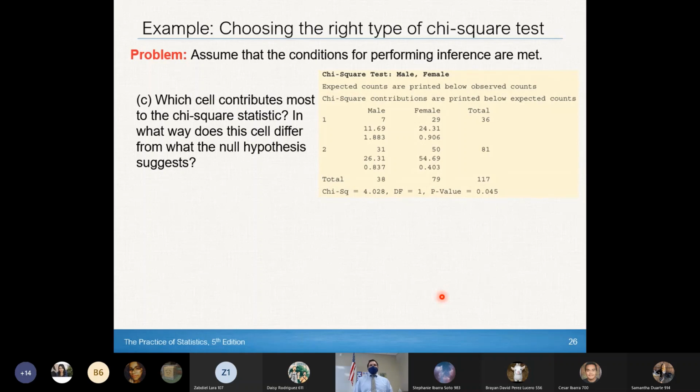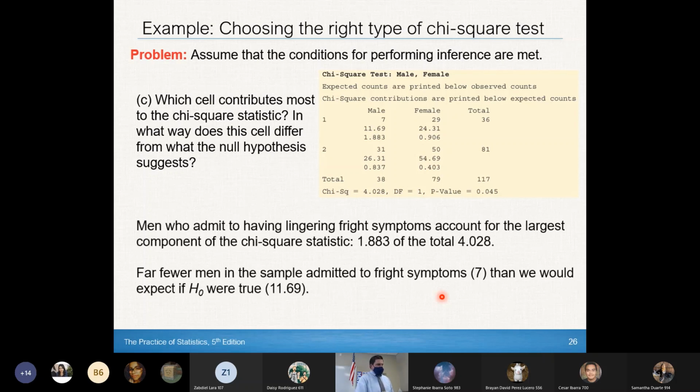Which cell contributes most to the chi-square statistic? In what way does this cell differ from what the null hypothesis suggests? And again, we're looking at that summary of the data from their fancy software. Men who admit to having lingering fright symptoms account for the largest component of the chi-square statistic, at 1.883 of the total 4.028.